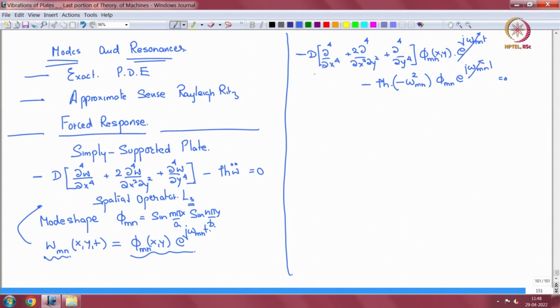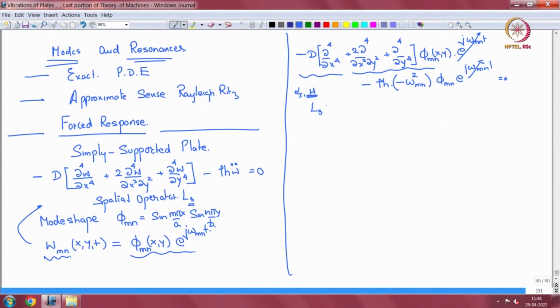Okay. So if I consider this as the L3 operator, L3, why? Because it's in the alpha 3 direction, or W is in that direction. Okay, it is about the z directional response.